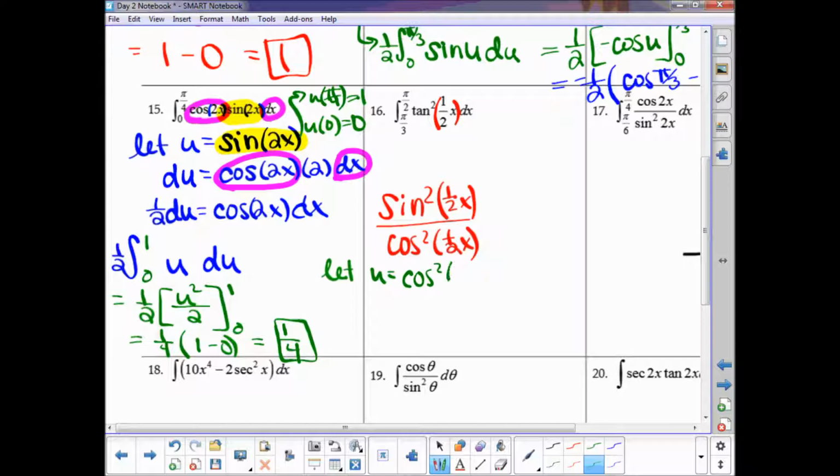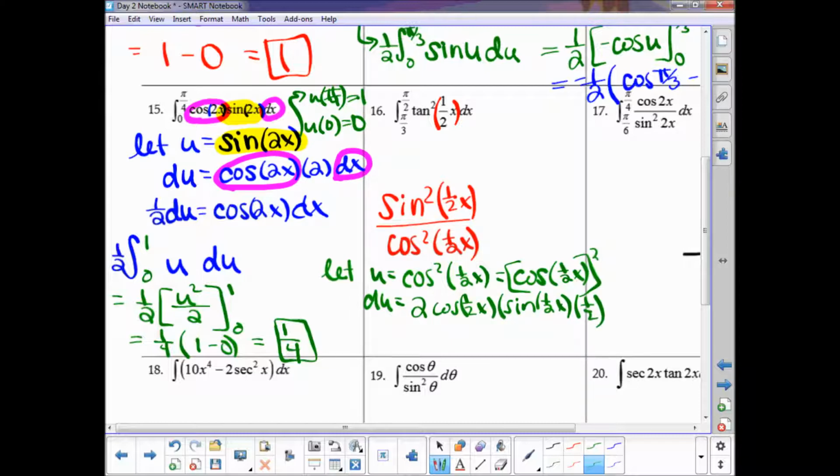Let u be cosine squared of 1/2 x. What would du be then? Wouldn't we have to do power rule with that? Yes, because this is the same thing as cosine of 1/2 x quantity squared, so we'd have to do power rule with chain rule from the inside.